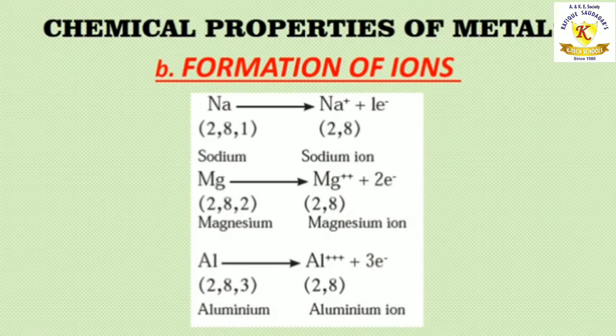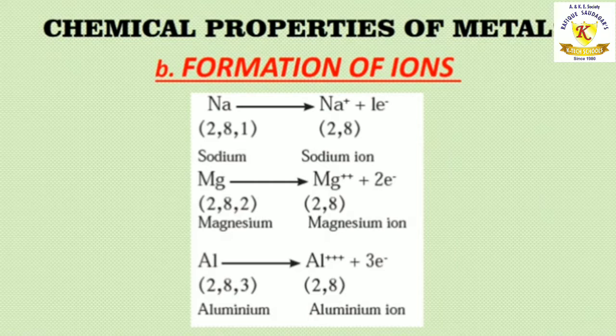There are some examples given. The first one is sodium, which has the electronic configuration 2, 8, 1. That means in the outermost shell it has only 1 electron. So it will lose that 1 electron and become 2, 8. That is, it will form a positively charged sodium ion, Na plus, by losing 1 electron.